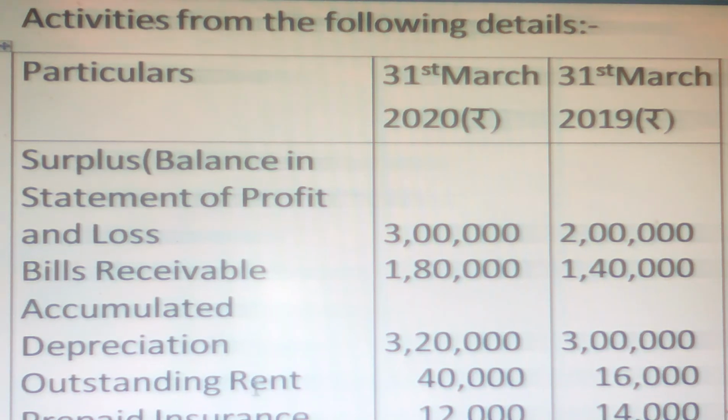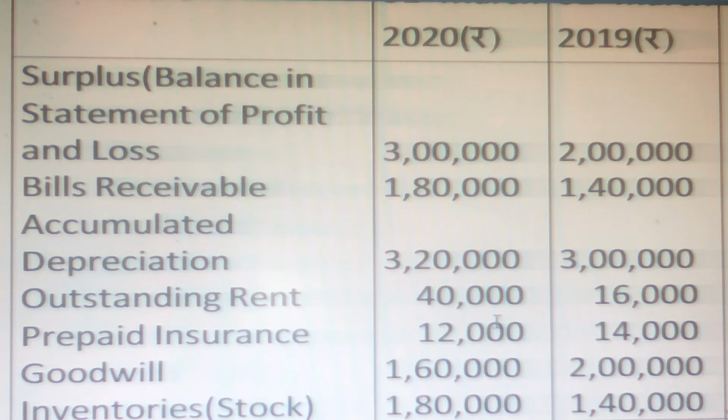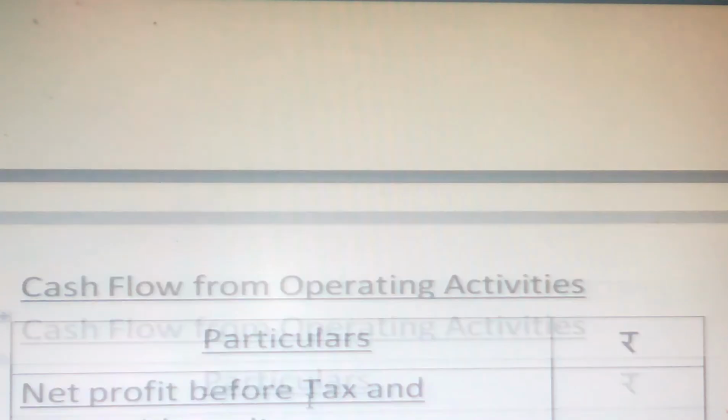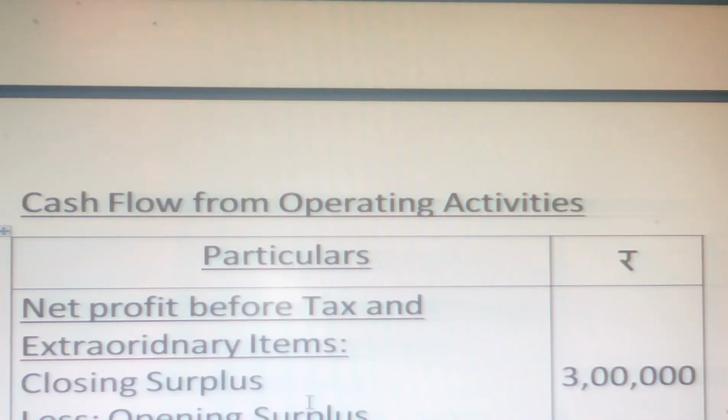Accumulated depreciation 3,20,000, 3 lakhs. Outstanding rent 40,000, 16,000. Prepaid insurance 12,000, 14,000. Goodwill 1,60,000, 2 lakhs. Inventories, nothing but stock, 1,80,000, 1,40,000. From this information, we are going to discuss cash flow from operating activities.